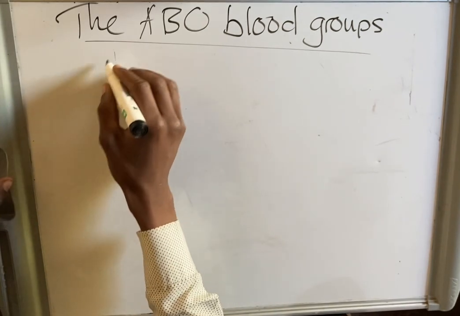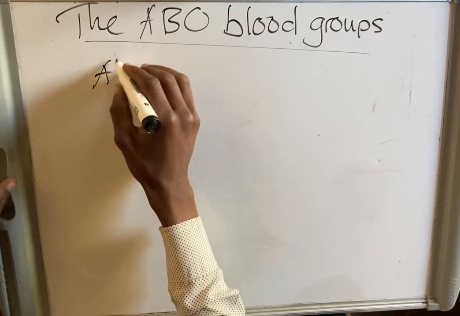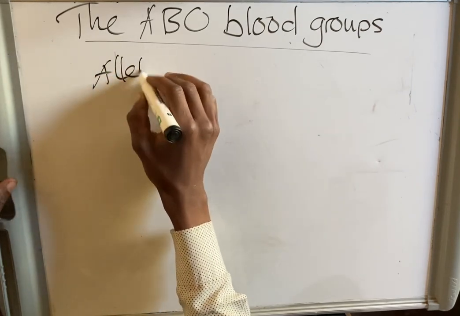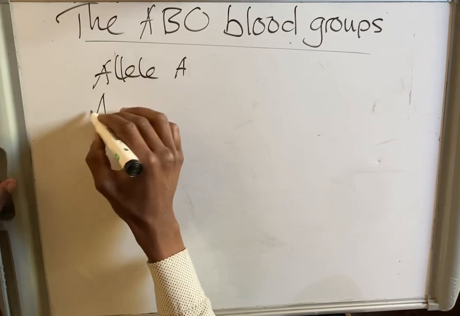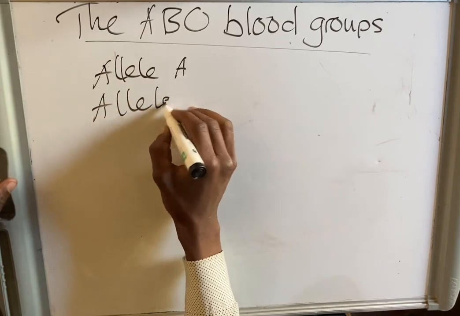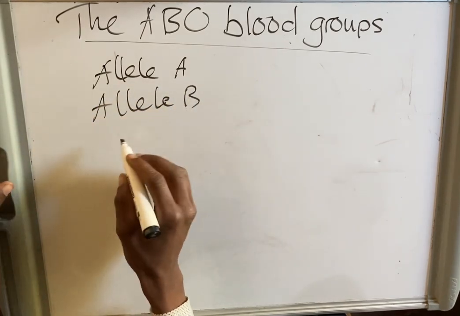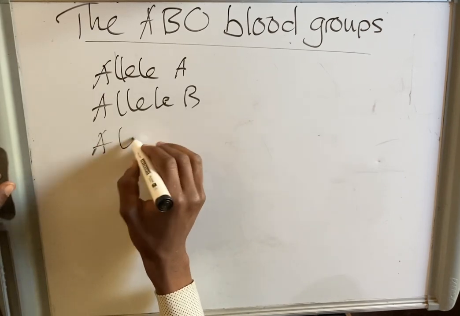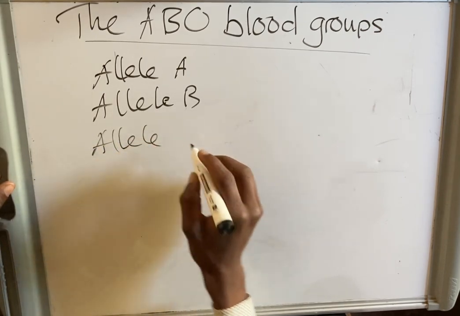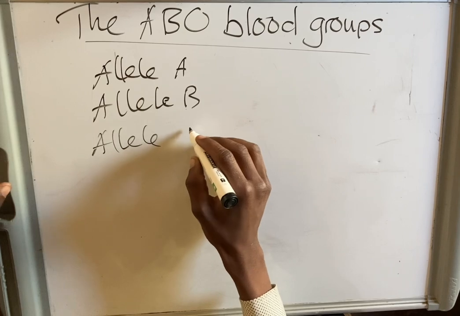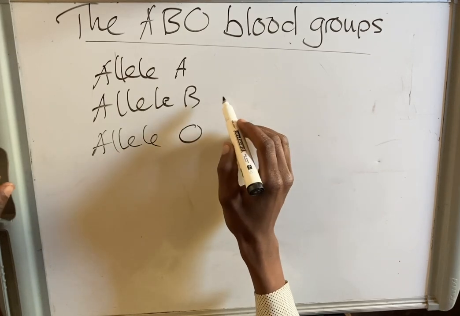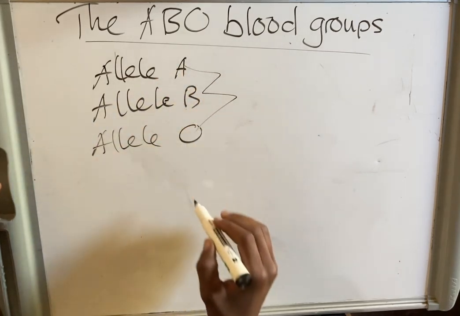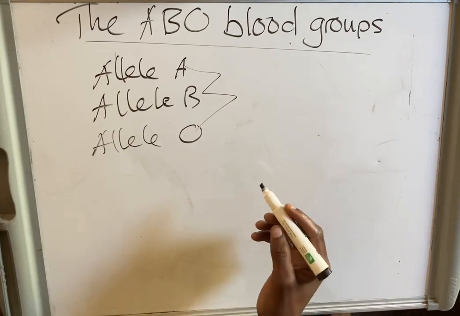So we have the allele A, the allele B and the allele O. So the blood groups are controlled by these 3 alleles or so-called genes.